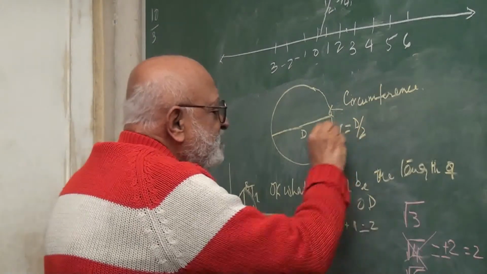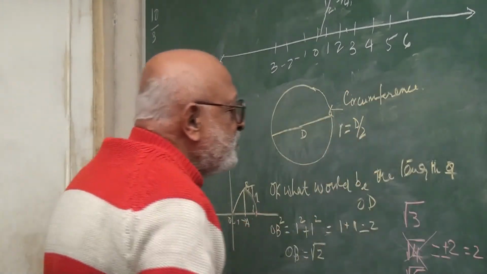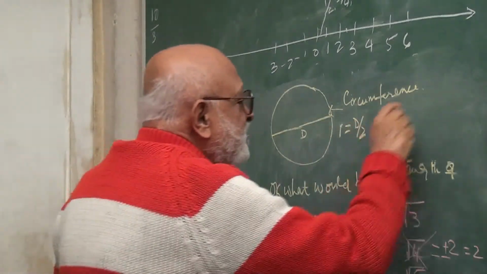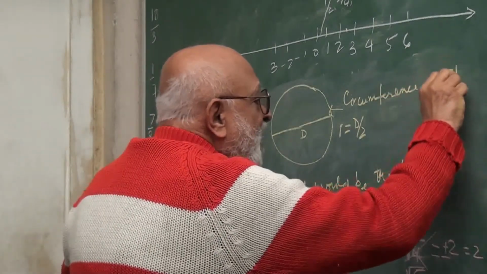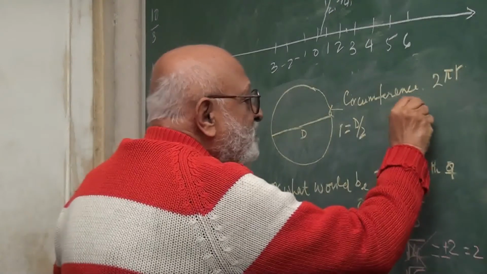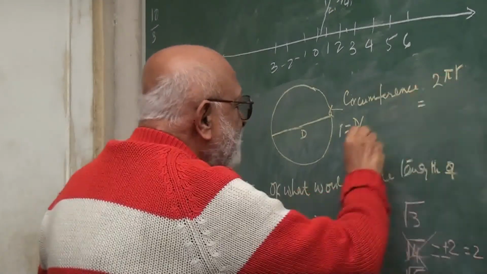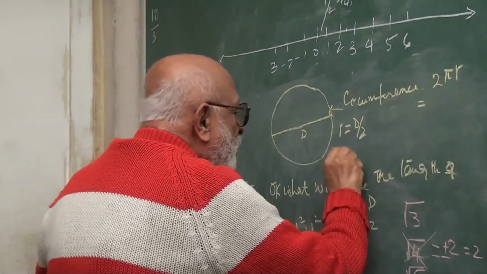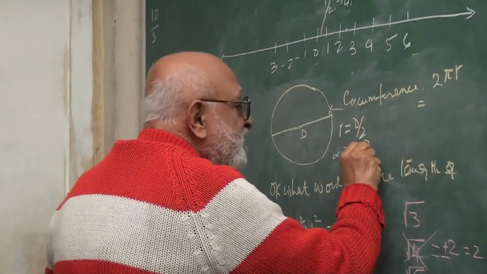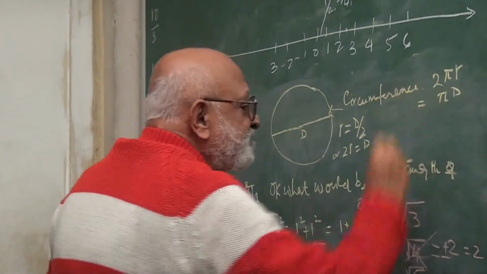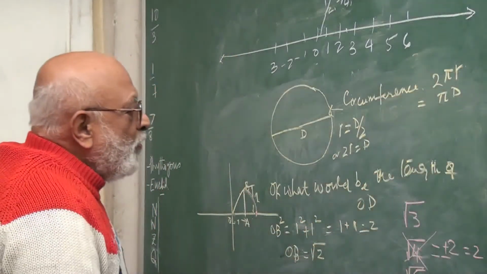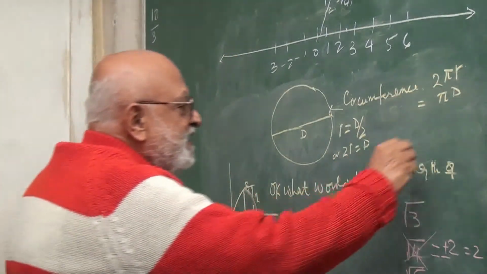Circumference is 2 pi r, and 2r is equal to d. So I can write pi into d. Now the diameter is d.